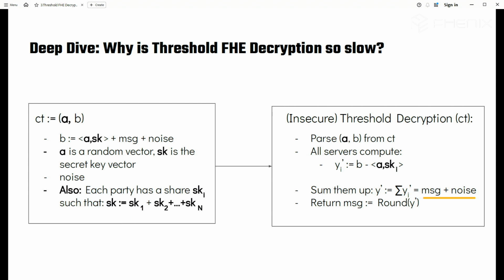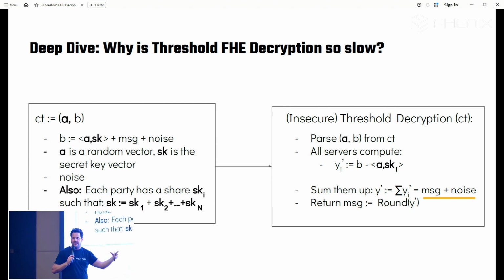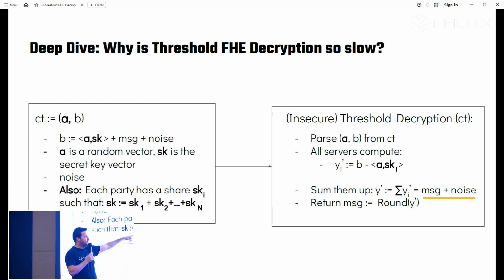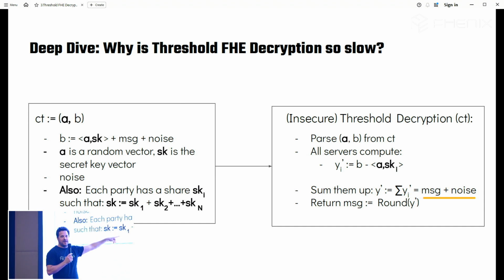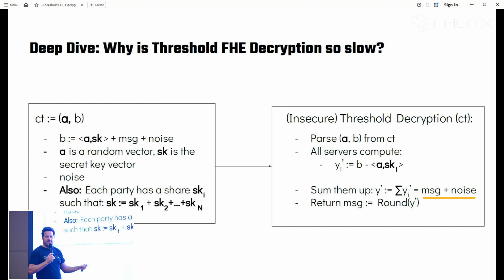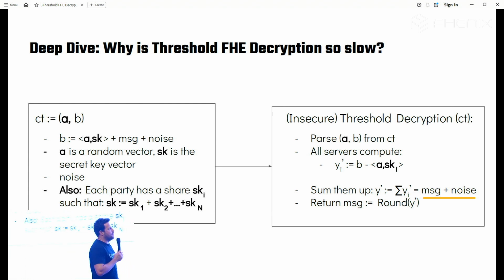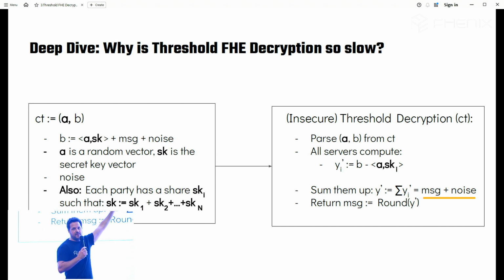Then remember, you have the secret key, but because we are now in threshold decryption and we have n parties, we split that secret key and give each node one of those shares, but if you add them up together, you get the full key. This is important in threshold decryption. So what happens in threshold decryption? Every party has one key, sk of i: party 1 has sk 1, party 2 has sk 2, and so forth.